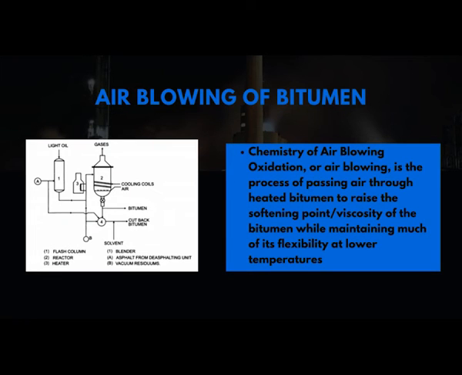In the air blowing unit, the visbreaker tar or thermal cracker tar are all brought in here and air blown. The air blowing is done mostly in batch units, although continuous air blowing units are also prevalent.